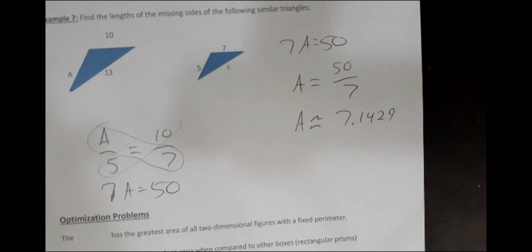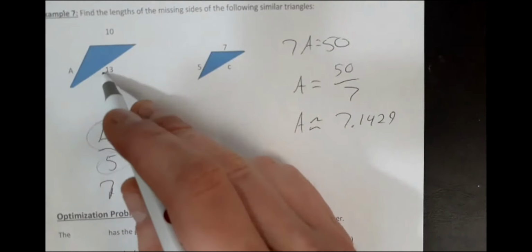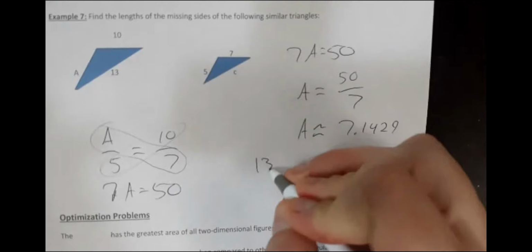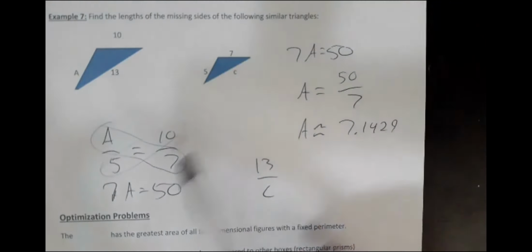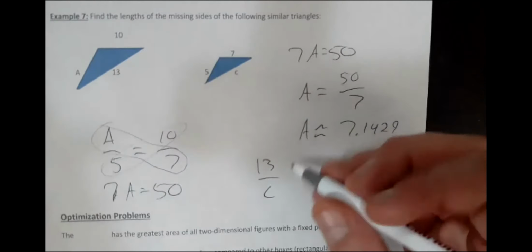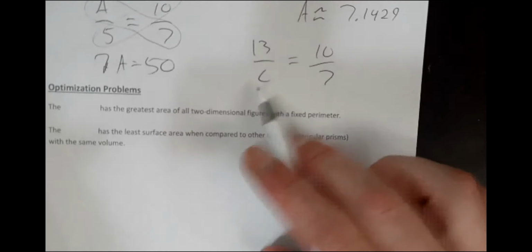And the last thing that we're doing here, now we're going here. So from 13 to C, you could pick this number, but I would not pick that number. That is an ugly number to try to compare. I would go back with the 10 and 7. So if we do this, I'm going to skip down here, but we have C times 10.